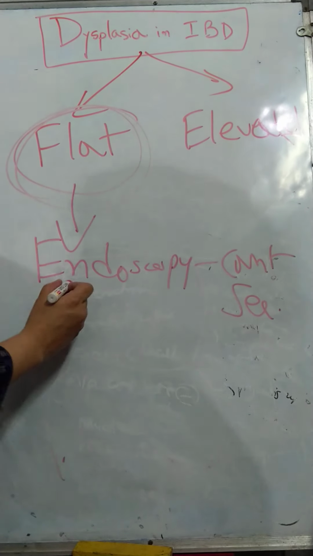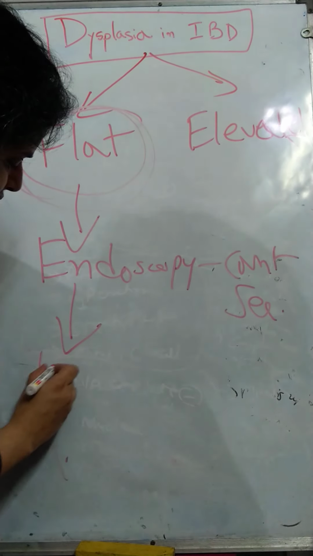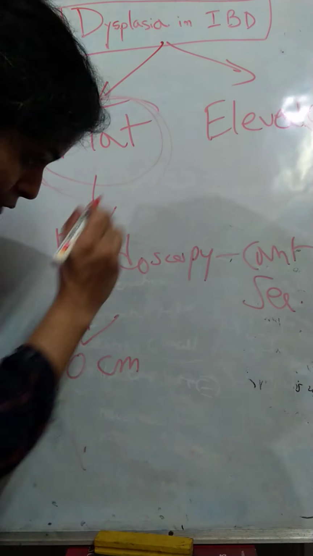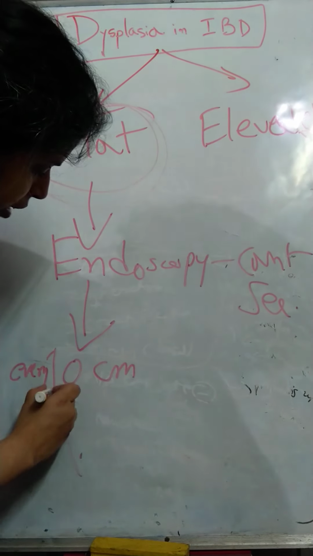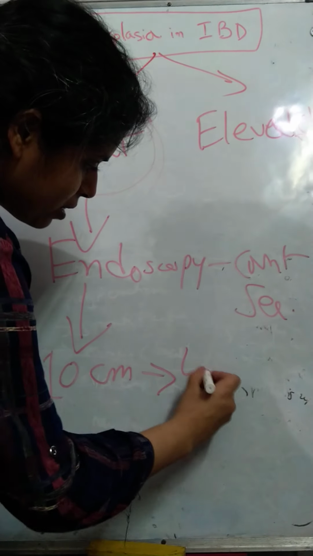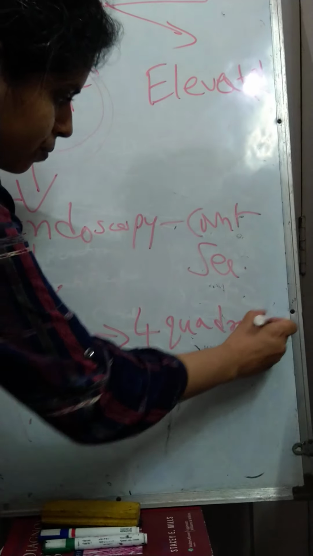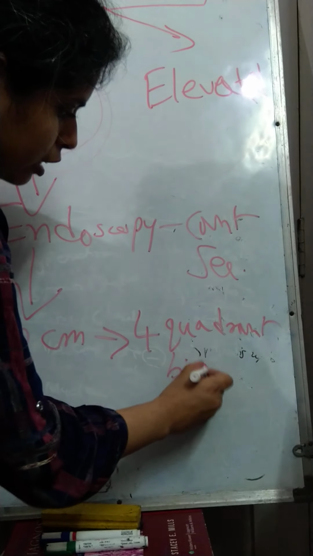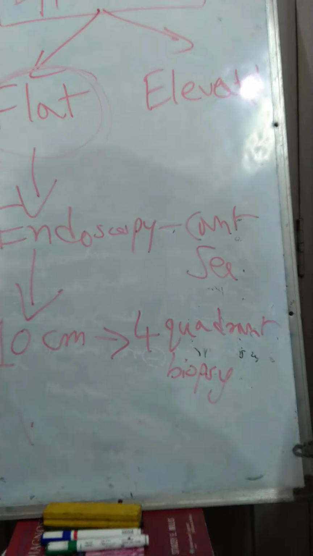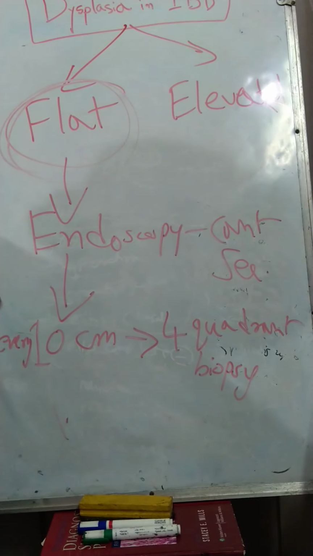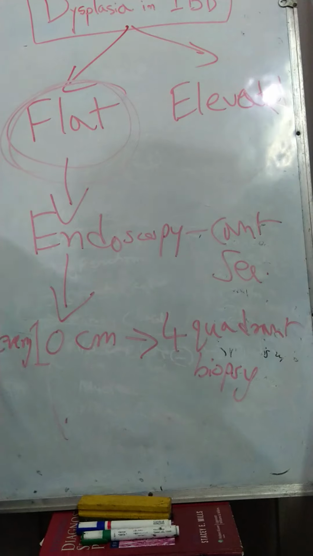Therefore, the recommendation is every 10 centimeters of the colon, starting from the rectum, the endoscopists take what is known as a 4-quadrant biopsy. The logic is, if you do such an extensive sampling, you increase the likelihood of picking up a flat dysplastic lesion.